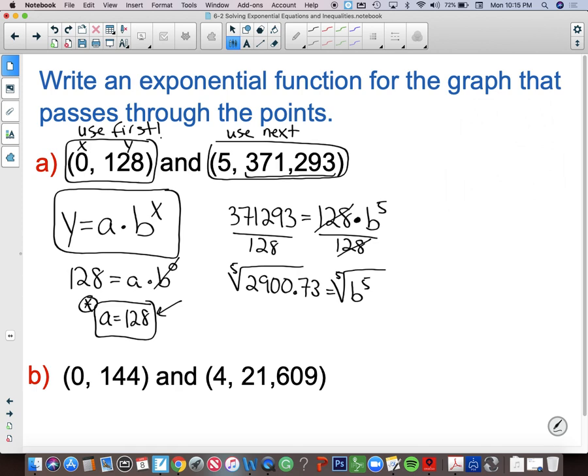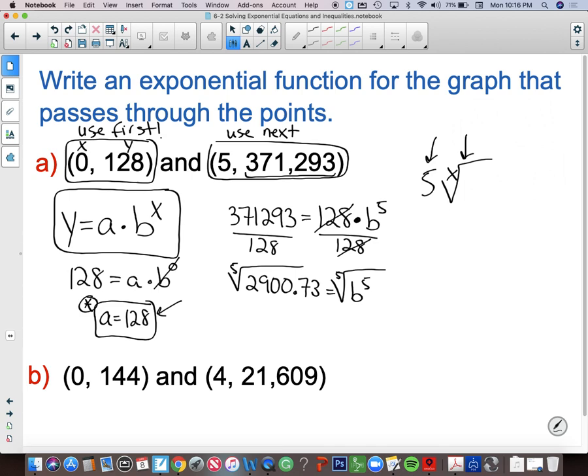So you would find this button in your calculator. If you don't know where it is, help your neighbor. That button should be right about where your square root button is, or maybe where your square is. And you're going to have to press 5 first because we want the 5th root. For you people with Texas Instruments graphing calculators, you have to press math.